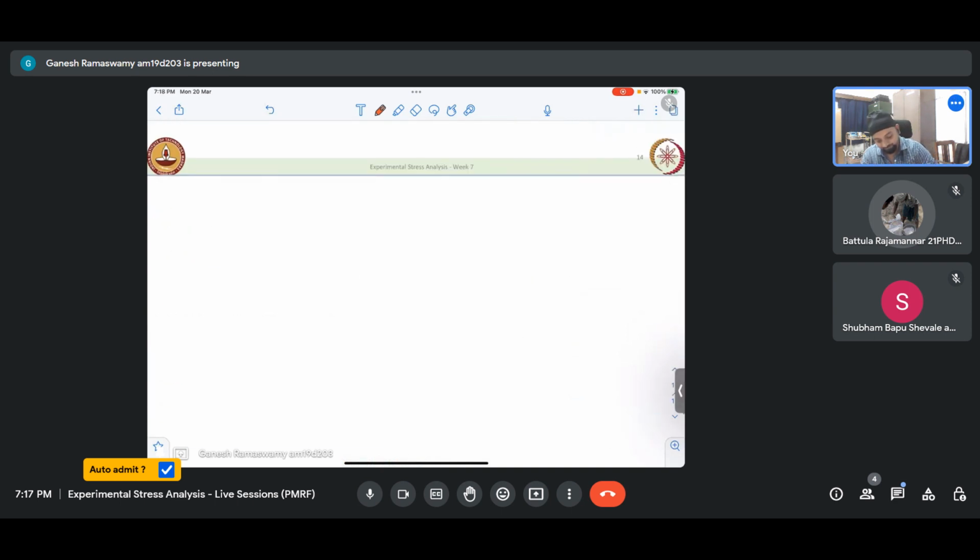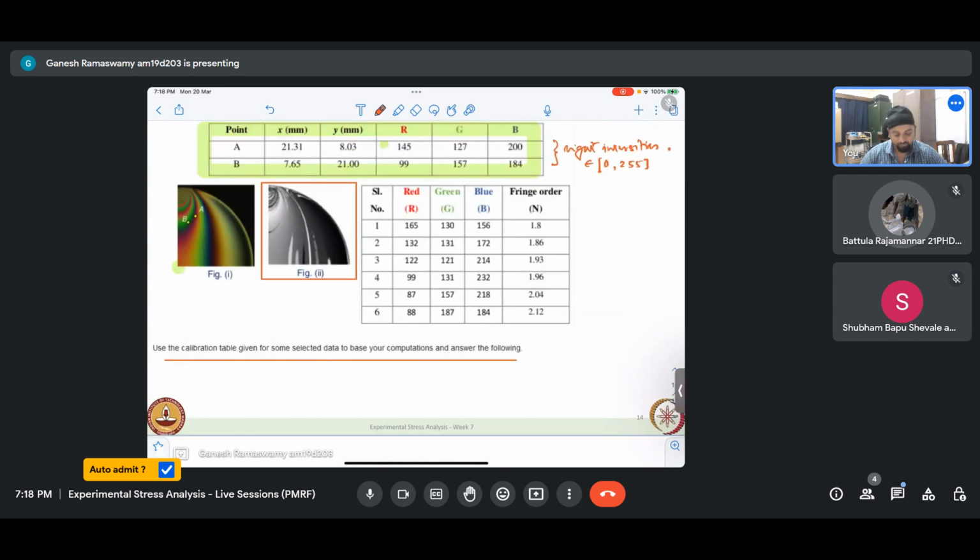Now we know that from our standard calibration table, a point which has RGB in this combination, with the red intensity as 165, green as 130 and blue as 156 pertains to fringe order 1.8.